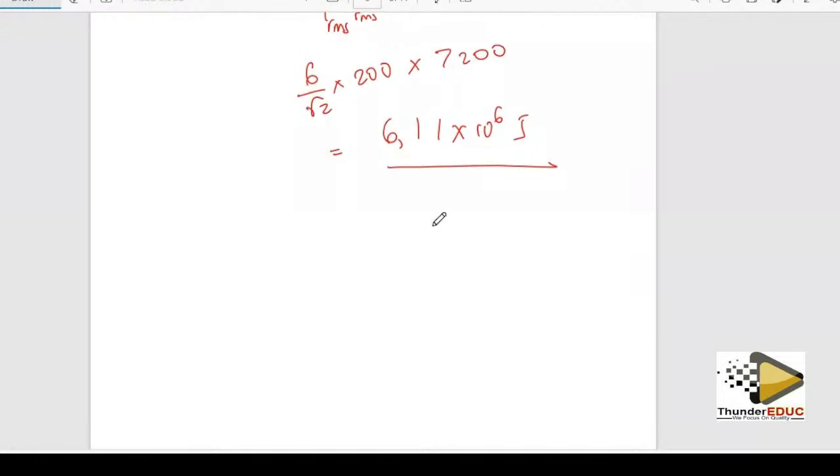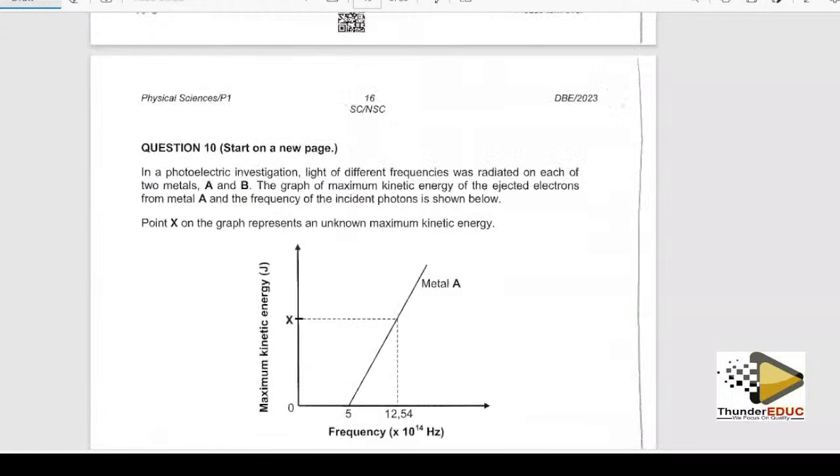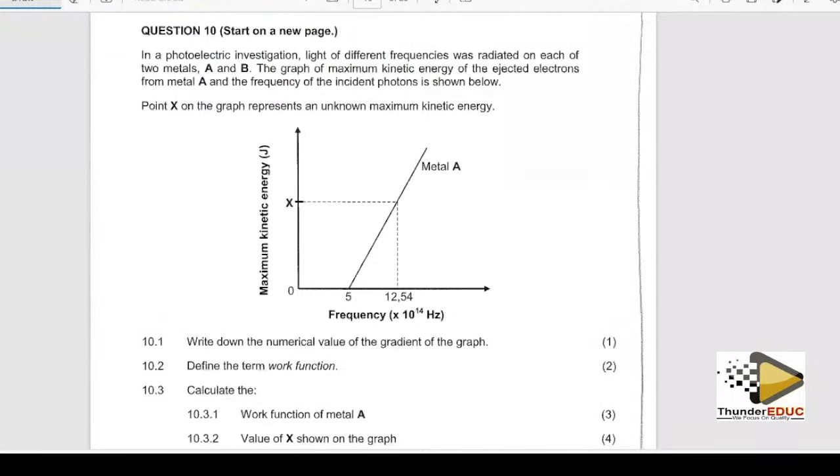So guys, that is question number 9. Let's move on to question number 10, which is photoelectric effect. In an investigation of the photoelectric effect, light of different frequencies was radiated on each of two metals, A and B. The graph of maximum kinetic energy of the ejected electrons from the metals against the frequency of the incident photons is shown.